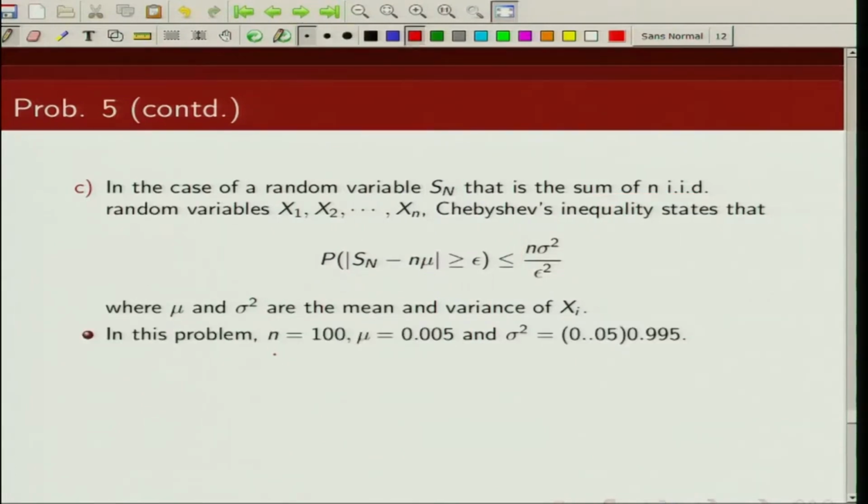So in this problem our n is 100, mu is 0.005 and sigma square is 0.005 into 0.995.